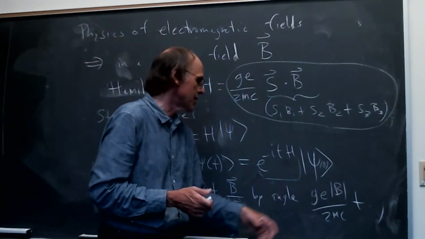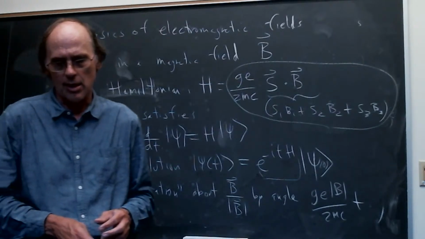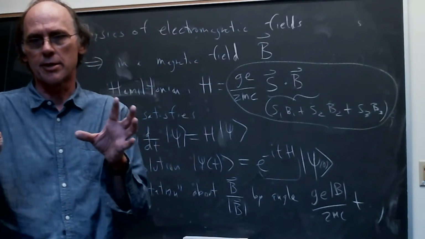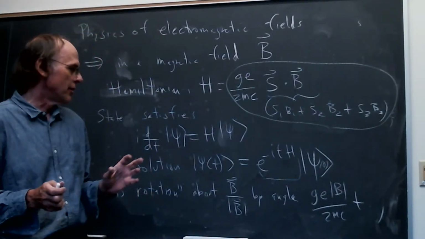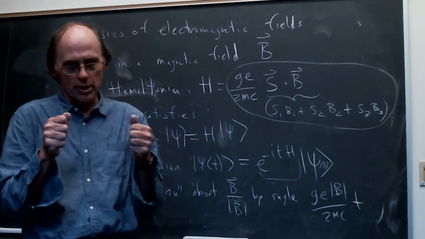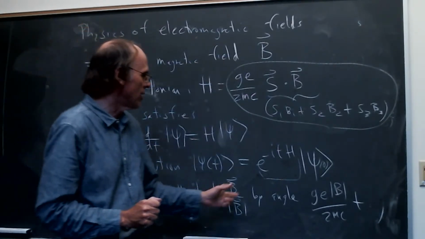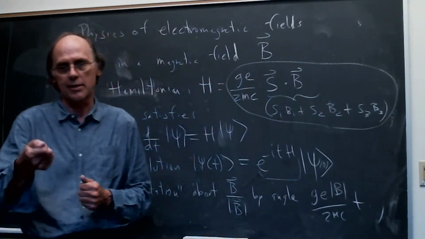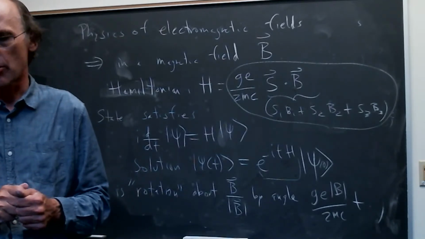This tells you what happens, for instance, in an NMR machine, a nuclear magnetic resonance machine. When you do an MRI, they're basically hitting the nuclei in your body with time varying magnetic fields and seeing what happens according to this equation, and then using that to image what's going on.